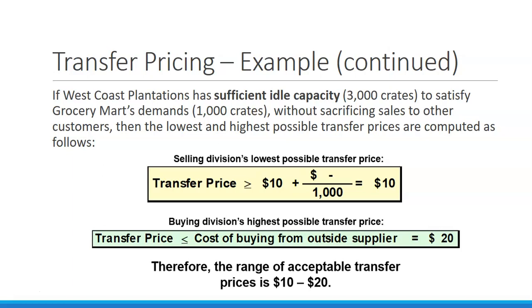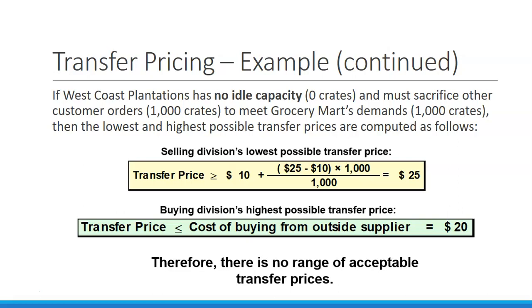The buying division can buy them from an outside supplier for $20. So therefore, they're not going to pay any more than $20 for that from the internal supplier. So our range of transfer prices is $10 to $20. So the two managers of those divisions would sit down and select an agreeable price at any point between those two options.